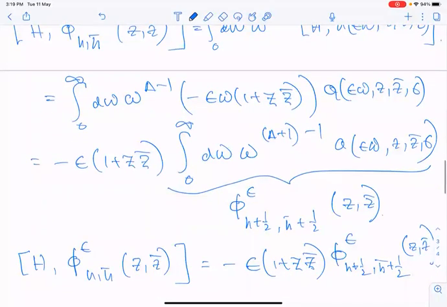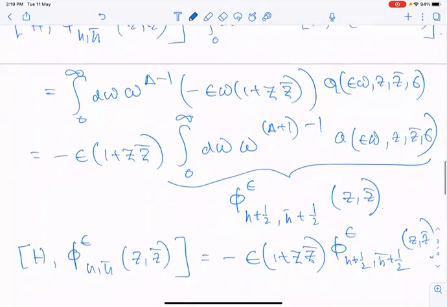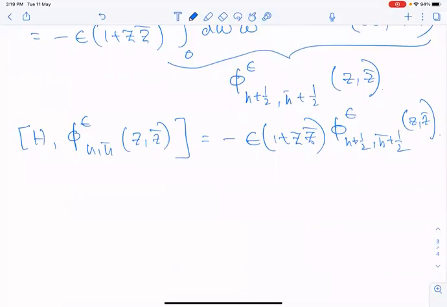What happens is that you take it inside the integral, then you can take 1 plus z z bar outside the integral because it is just a factor, and then this delta shifts by 1. So it is the same integral, but now delta shifts by 1. So we can say that this is essentially the conformal primary with h and h bar each shifted by half. Thanks. Yeah, each of them shifted by half because the spin will not change. Spin is h minus h bar, which is the same because each of them shifts by the same amount.